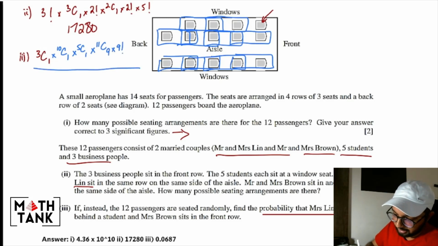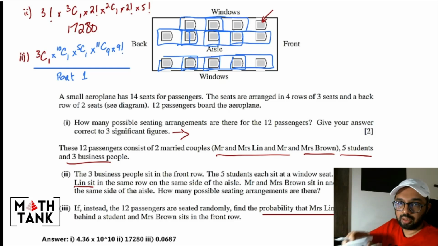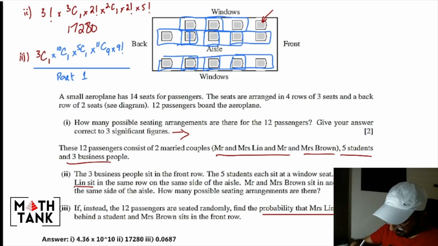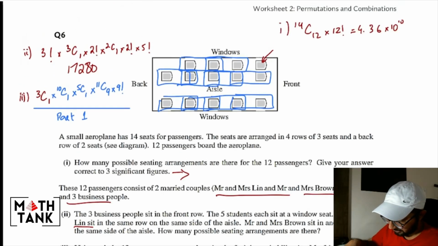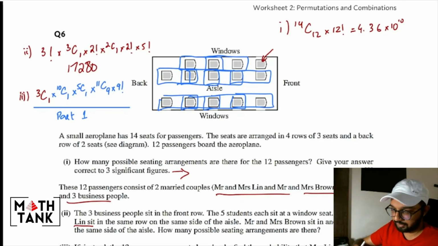And the denominator is then the answer from part 1. Okay, so I'm going to use that answer. I'm going to say that that was basically 14C12 into 12 factorial. Let's see if I get the correct answer.